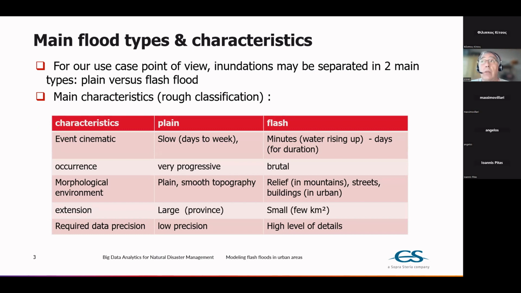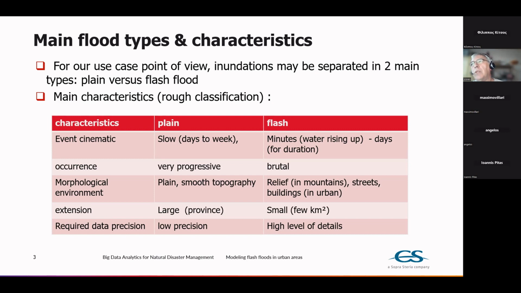I made two columns, as you can see. What I call plain flood means flood occurring in large plains like the Danube, the Rhine, the Seine, and very large rivers like the Mississippi. Everybody has heard about that, usually on TV, and seen dramatic images of it.